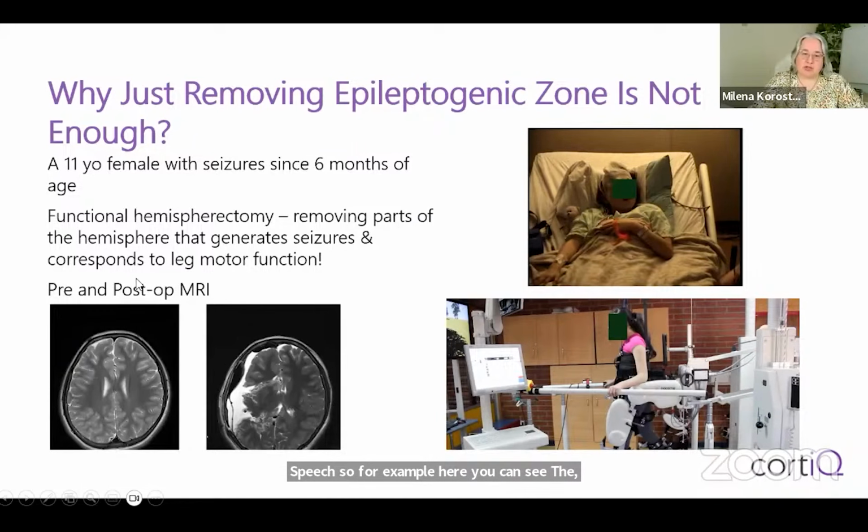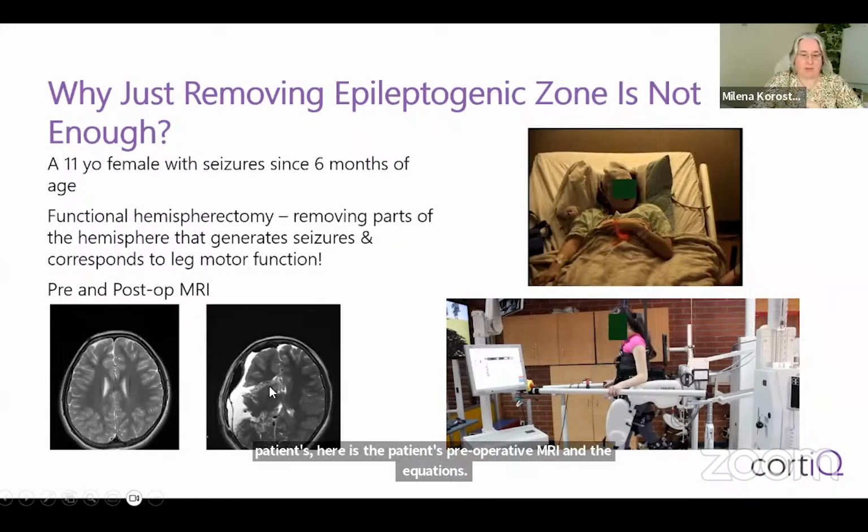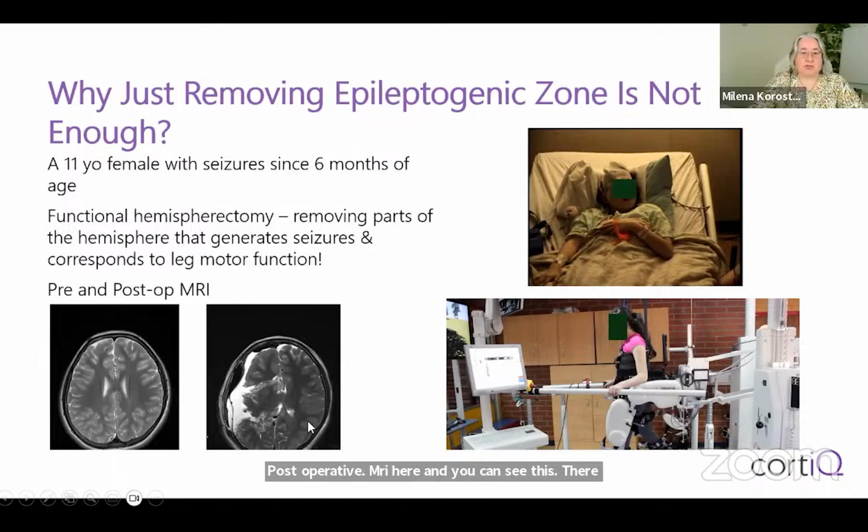Here is the patient's preoperative MRI and the patient's post-operative MRI, and you can see this dramatic change from pre to post. This patient had a functional hemispherectomy. So the part of the hemisphere that generated seizures was removed. However, this part corresponded to leg motor function.